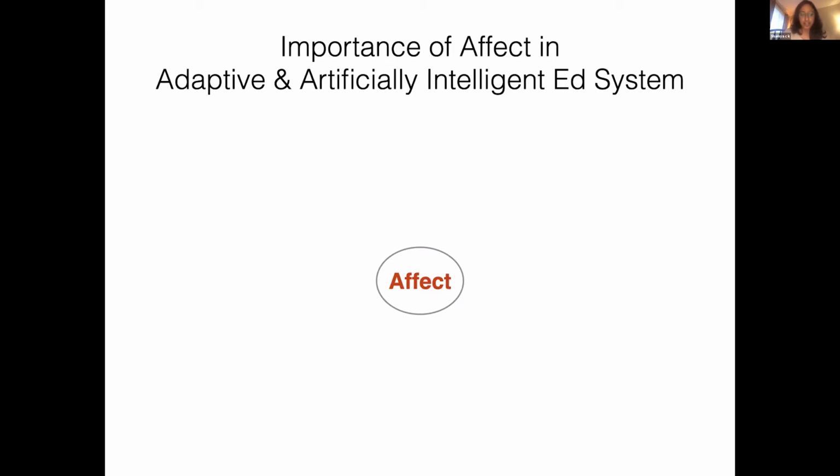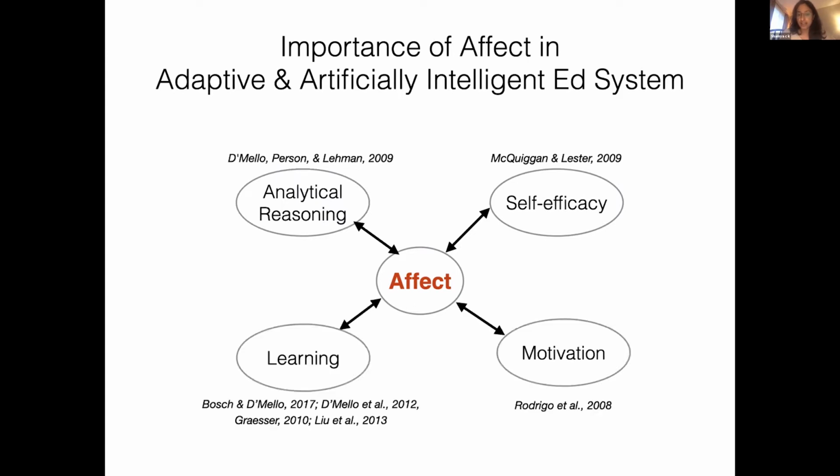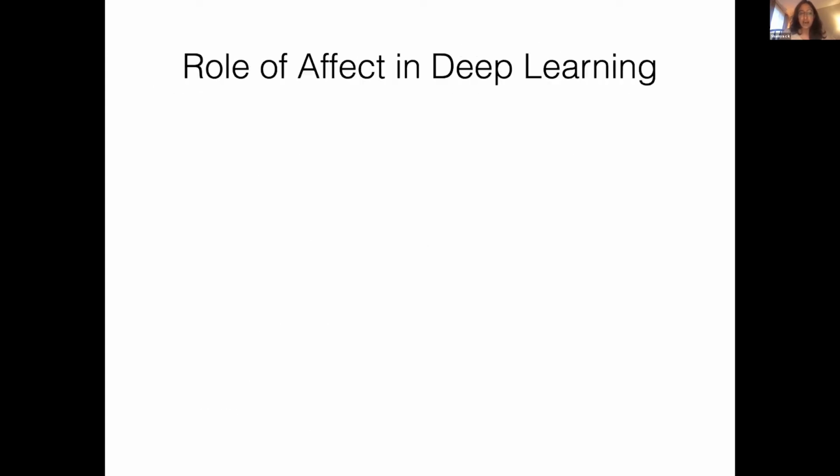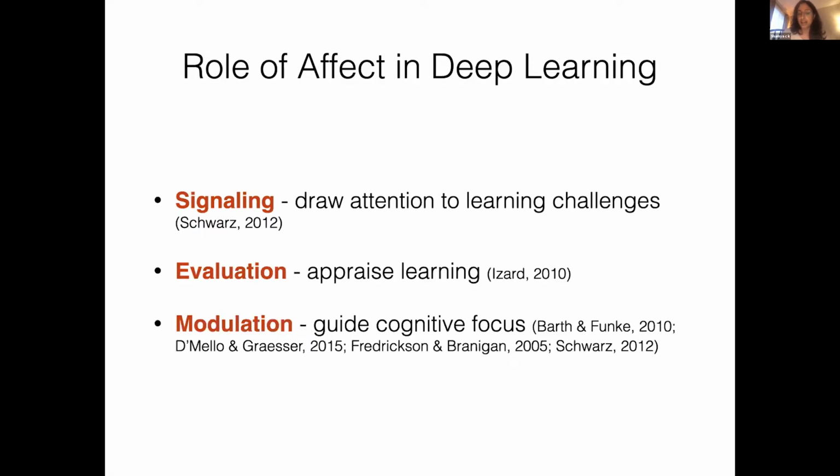Research has studied affect in relationship with important educational constructs like self-efficacy, analytical reasoning, learning, and motivation. Research has shown that affect plays an important role by drawing attention to learning challenges, by appraising learning and guiding cognitive focus.